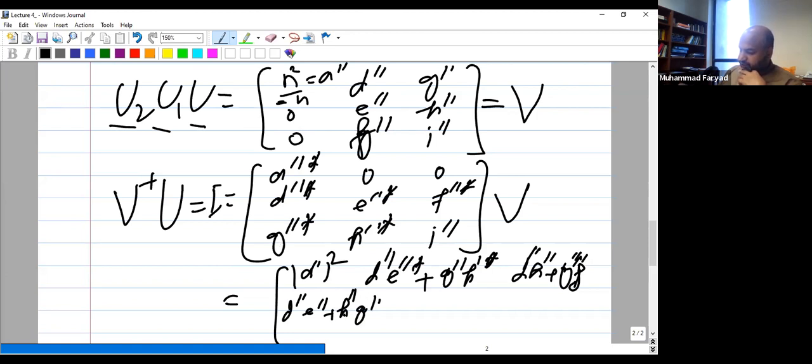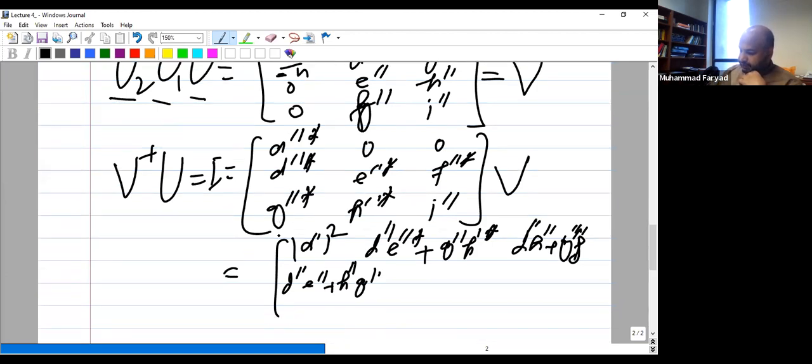There are stars as well. Anyway, when the third row multiplies the first column, I get D double prime, F double prime plus I double prime and G, and there are something over here.